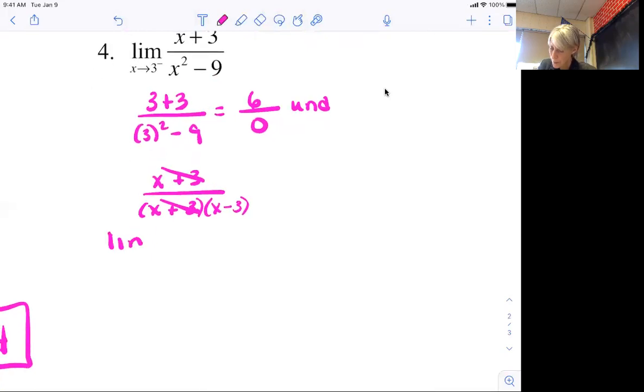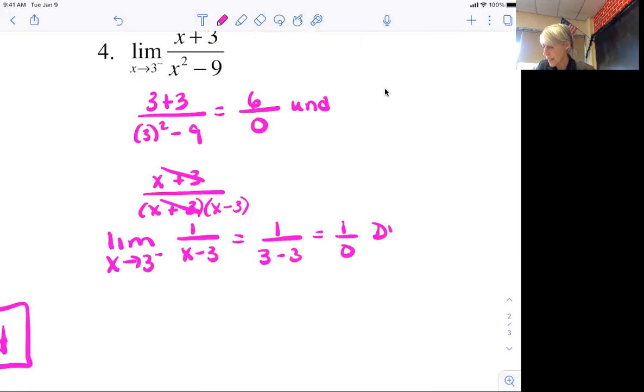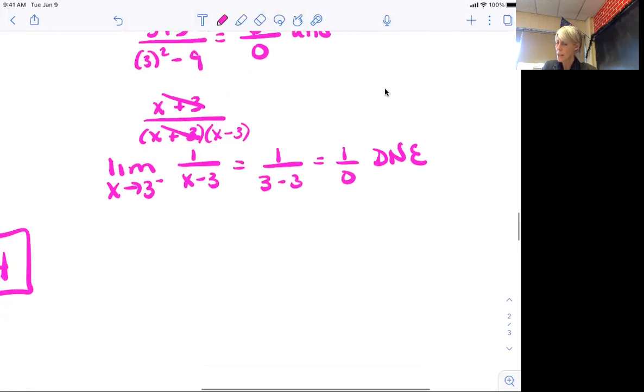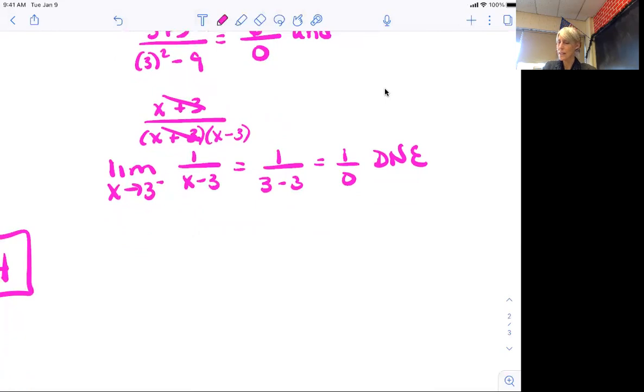So the limit as x approaches 3 from the left does not exist. Since I get does not exist, now I do the extra step.